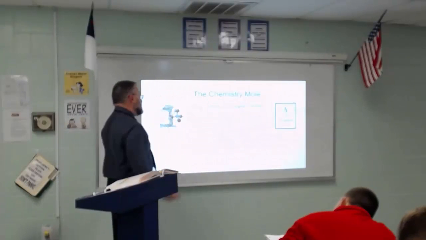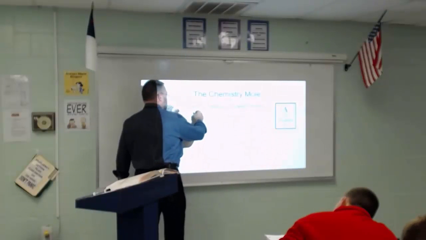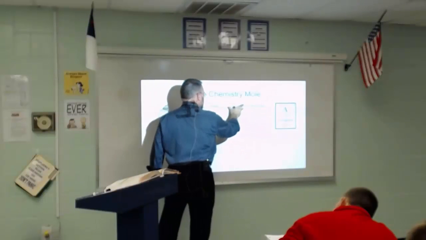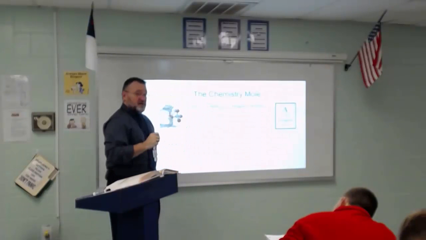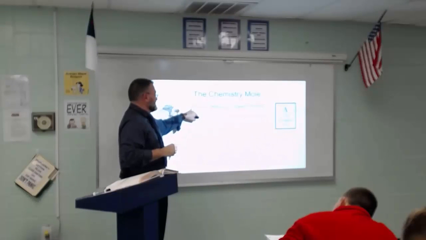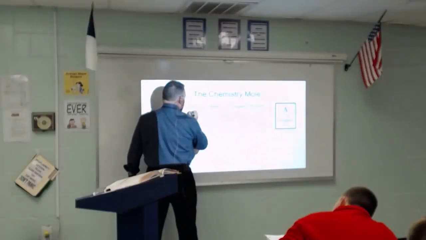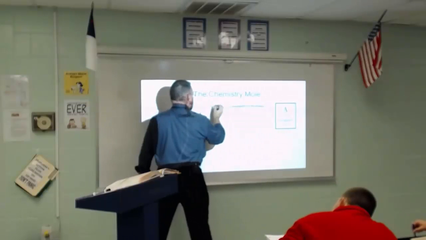So if we're looking for how many, we need to have moles to do the math. If I'm given how many, then I would divide that by Avogadro's number to determine how many moles I have.